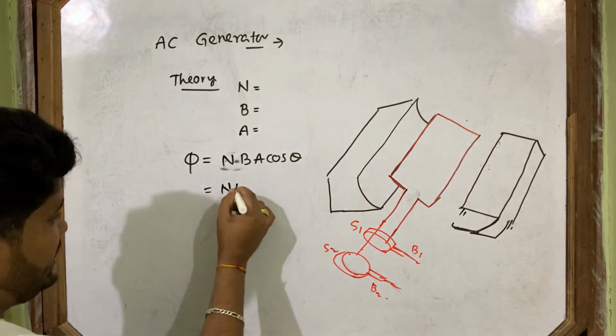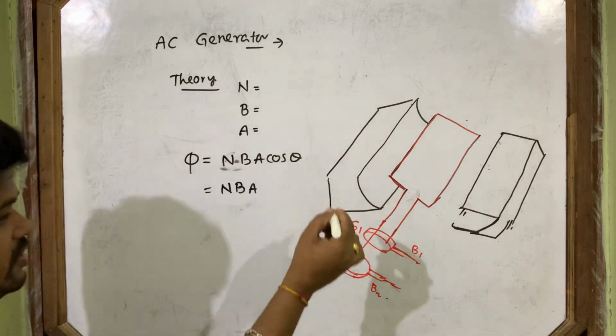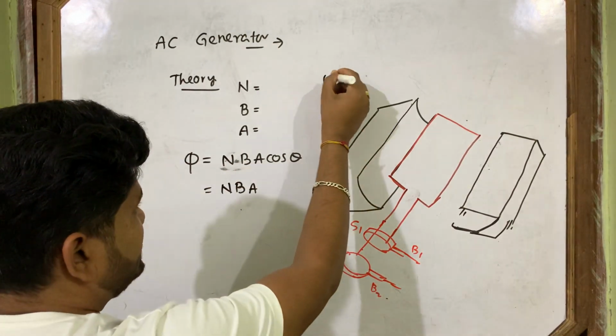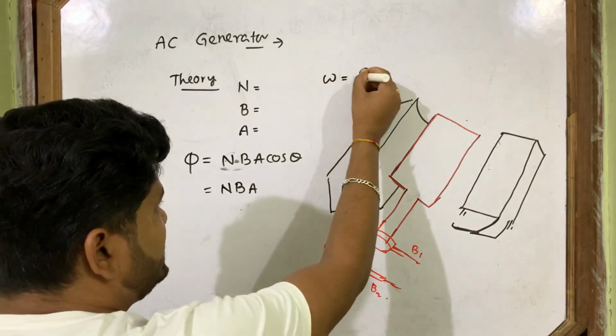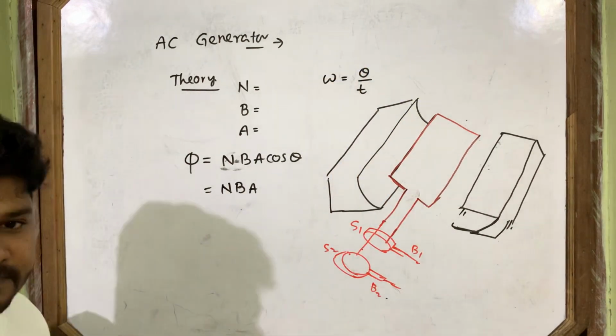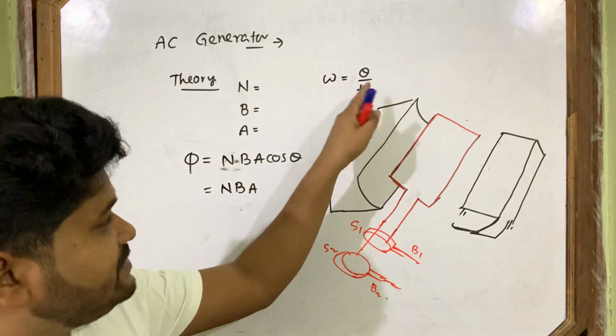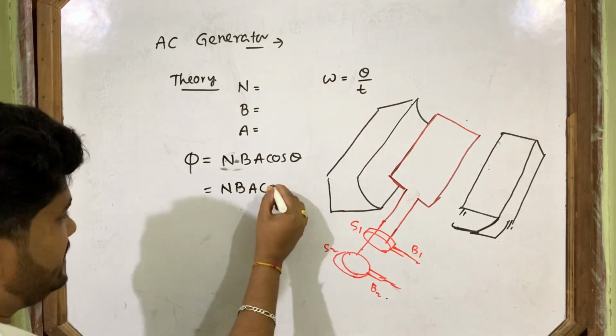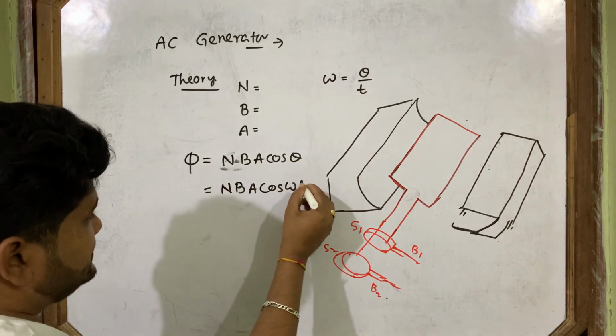If the coil rotates with angular velocity omega, then omega equals theta by t, angular displacement by time. So in place of theta, I can write omega t.